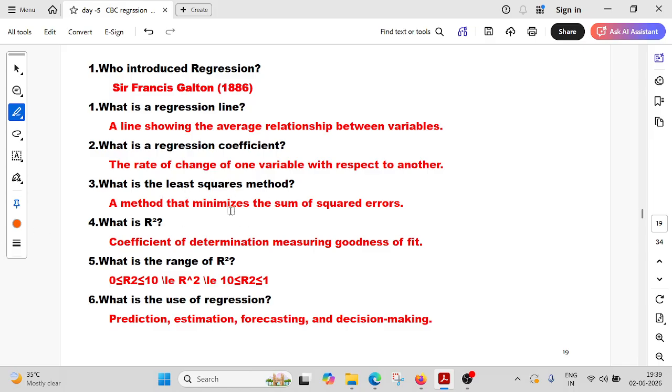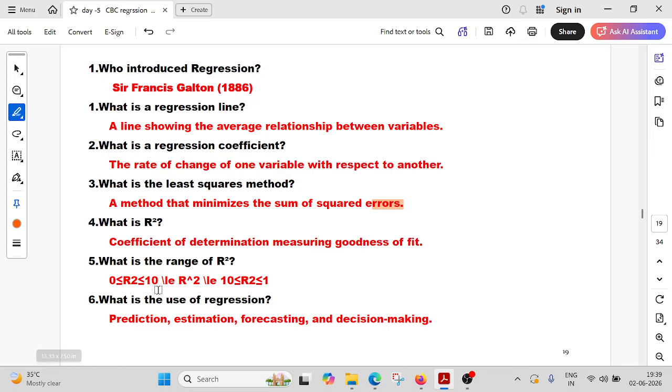What is the least square method? A method that minimizes the sum of the square errors. Then what is R square? The coefficient of determination, measuring goodness of fit. And finally, what is the range of R square? 0 is less than or equal to R square, which is less than or equal to 1.